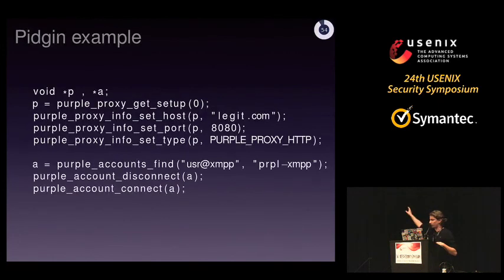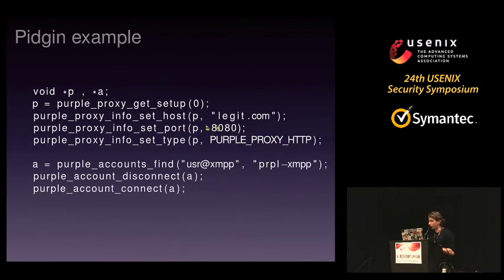For instance, we have this example in our paper of Pidgin. Pidgin is just an instant messaging client. So suppose you want to intercept the traffic of a user of Pidgin. You can do that with syscalls most probably, right? You can do basically everything. But if you reuse library functions, it's way easier. For instance, here with the first function, we are getting the object describing the global proxy setup.